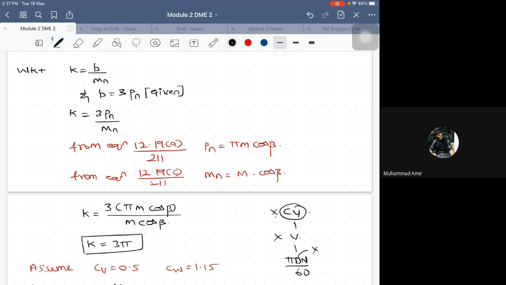So you have to assume CV as 0.5 and CW as 1.15.